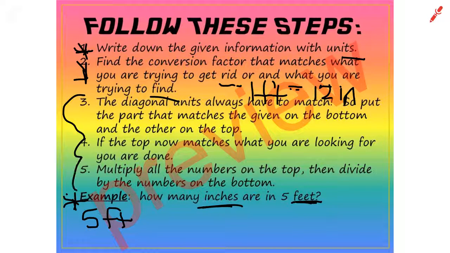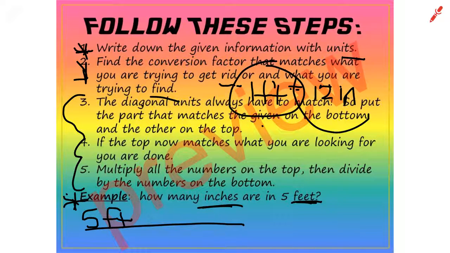So here's where we have new stuff. Number 3 says the diagonal units always have to match. So put the part that matches the given on the bottom and the other on the top. So we have 2 parts here, 1 foot and 12 inches. So the foot part of the conversion factor here has to go on the bottom because our diagonals have to match.